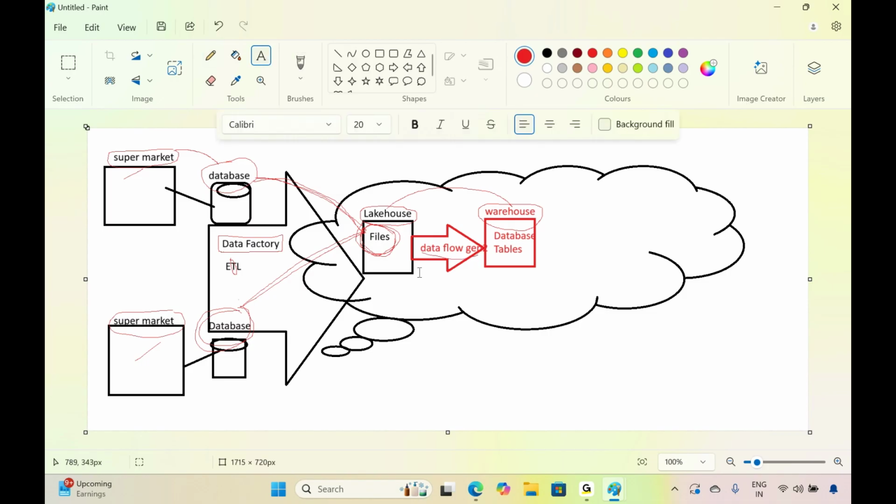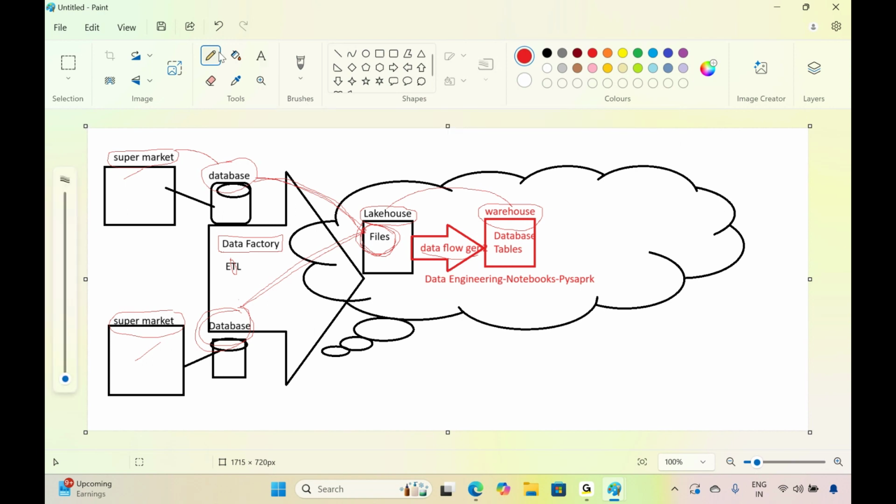By using the Dataflow Gen 2 tool, or we have another tool, data engineering notebooks with PySpark, any one tool you can use to perform the ETL, extraction, transformation, and loading over here.